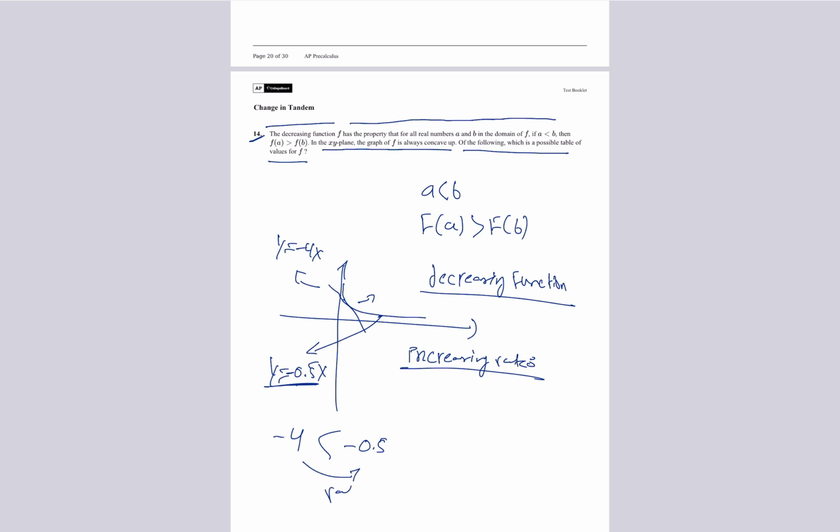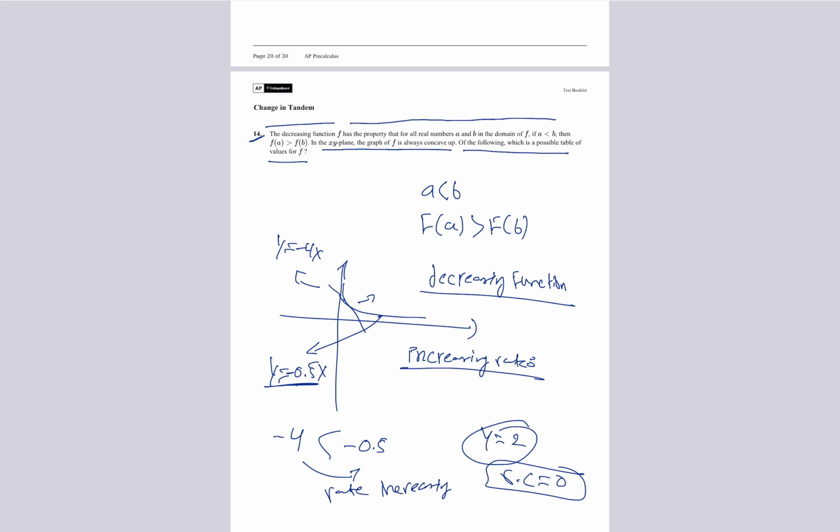So the rate is increasing. It's turning less negative. At some point, the rate of change will be equal to 0, which is definitely an increase from negative 4 to 0.